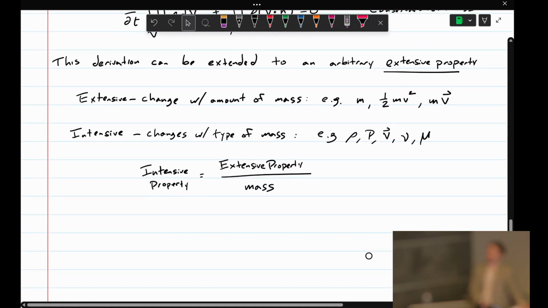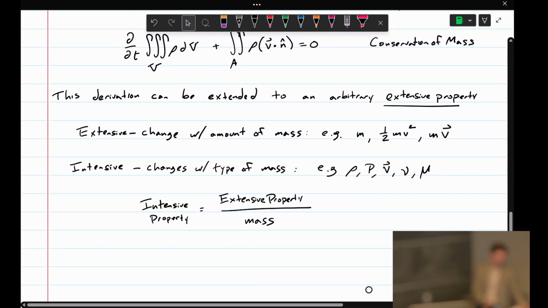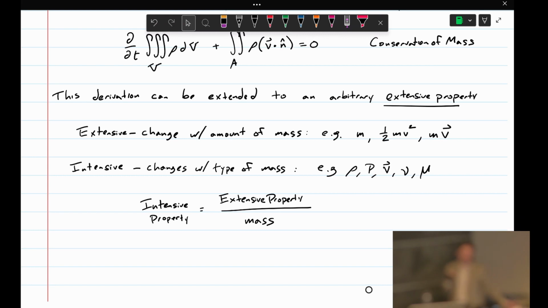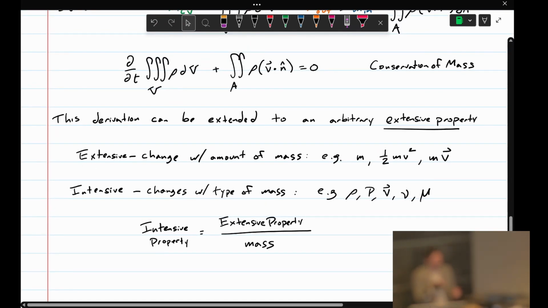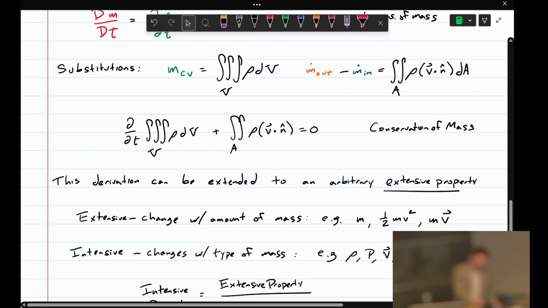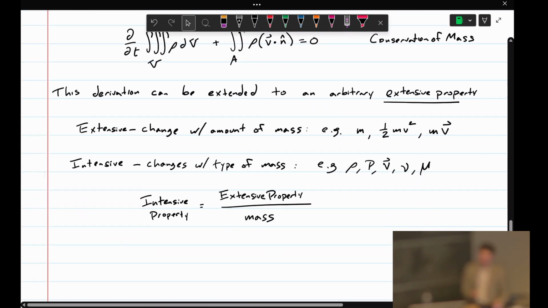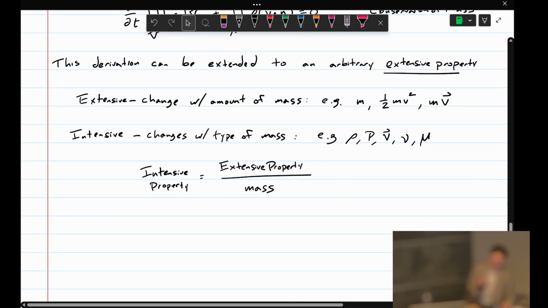So I'm not going to repeat this derivation. If you want me to repeat it for you, no thanks. But you can repeat this derivation. So we've done an extensive property here, which is mass. We've considered the time rate of change of mass, so the m CV, and the flux of mass, and we set that equal to 0. You can basically substitute, instead of mass, another extensive property.